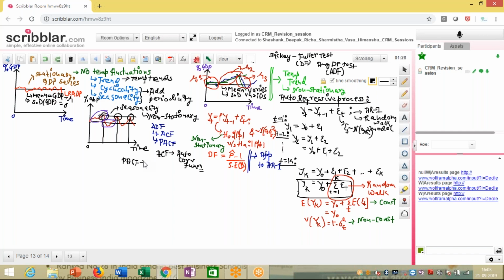Now, what implication do these have for stationarity? Let's say a series is not non-stationary, let's say it is a stationary series. Then the question is, how would the ACF, the autocorrelation function, look? Now, what does this autocorrelation function essentially do for us? It helps us look into the correlation between two lags.